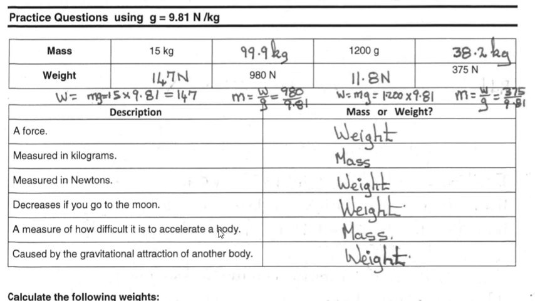That's why the gravitational field strength is sometimes called the acceleration due to gravity, and it's measured in meters per second squared. How difficult it is to accelerate a body is really a description of inertia, the change in the motion of a body, and so this is mass.